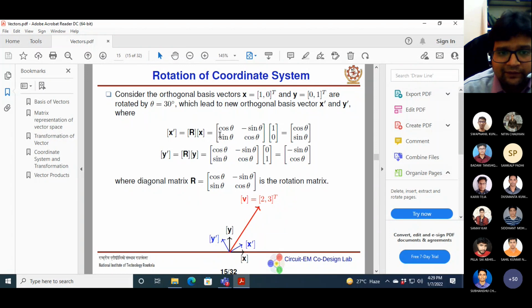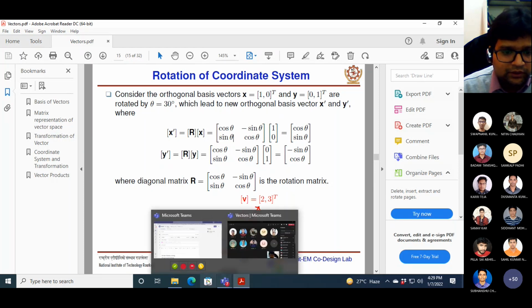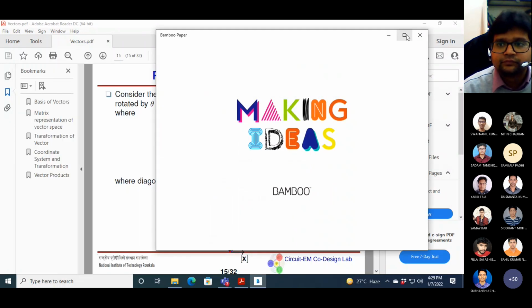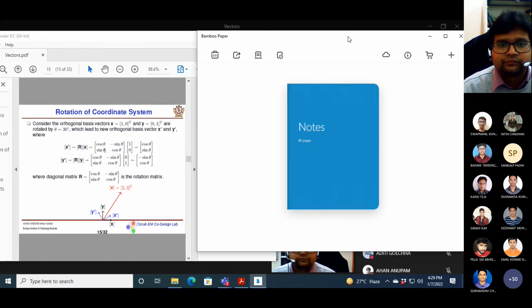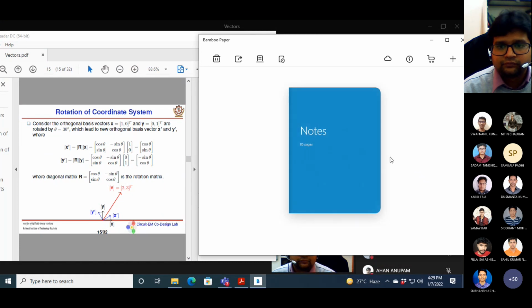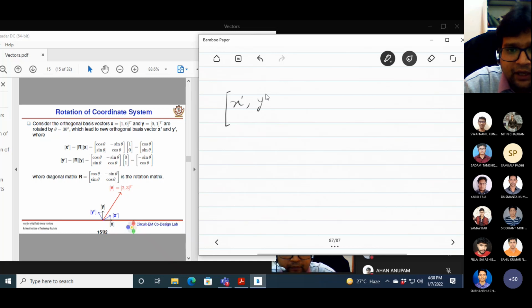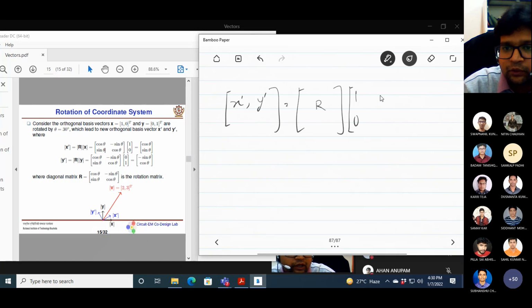Now why is it so? One thing you can observe, and I have shown you in the last class also, is x prime and y prime, which are two vectors. The x prime vector equals the rotation matrix R into x, where x is (1, 0) and y is (0, 1).